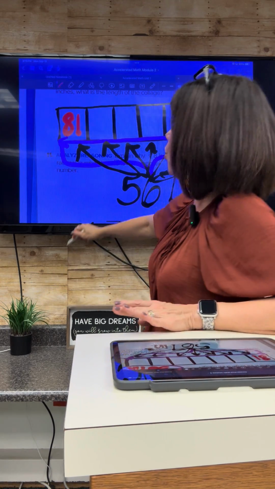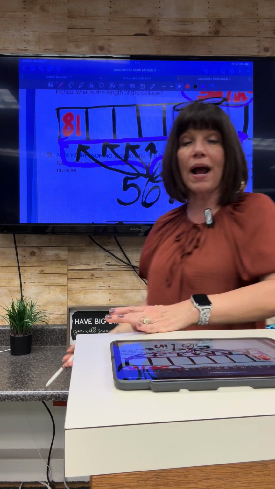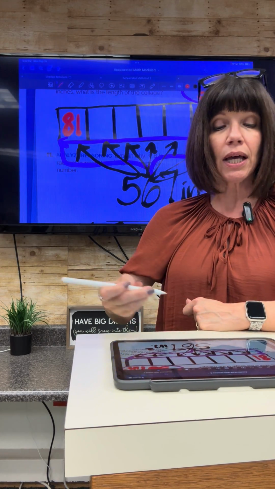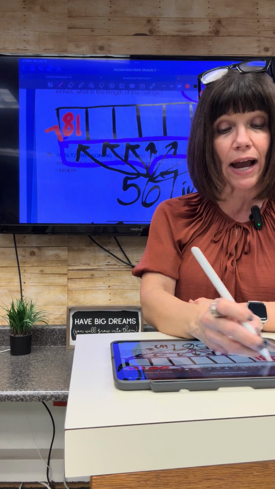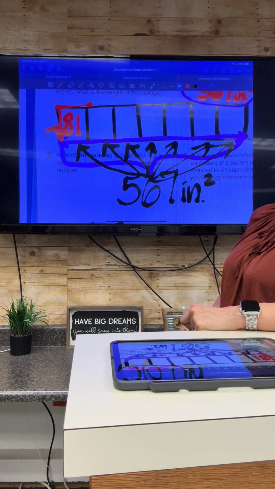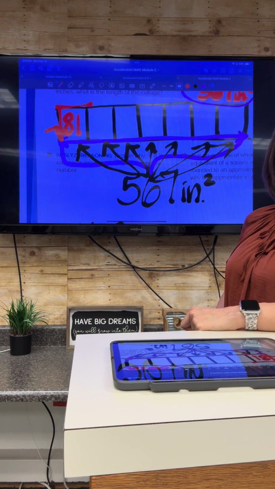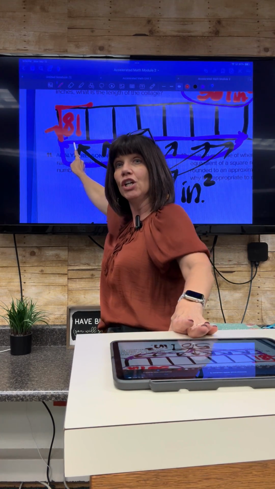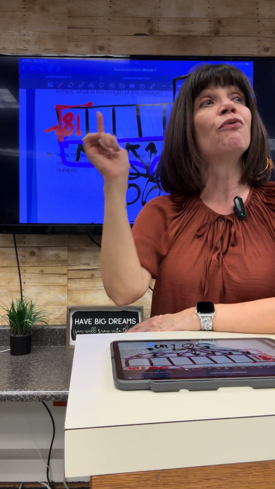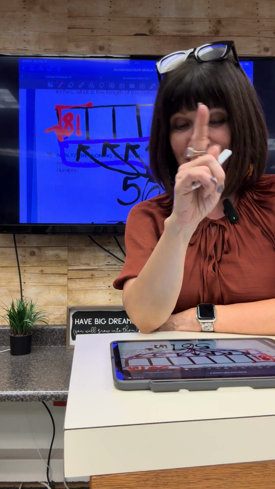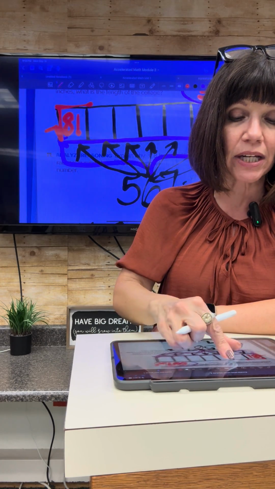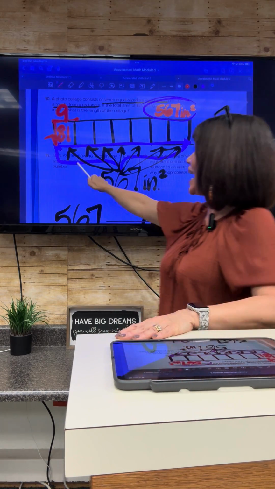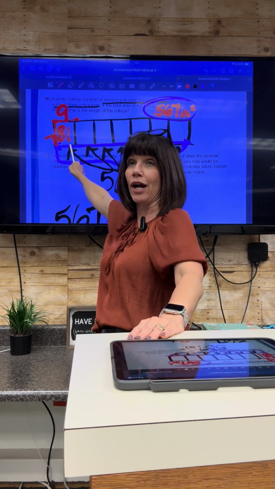Tell me, class, what symbol will I draw around that 81? Say it now. Square root symbol, and you can call it a radical as well. When you square root the square 81, you will get the measurement of what? Of 9, and that will be the measurement of a side of a single square.